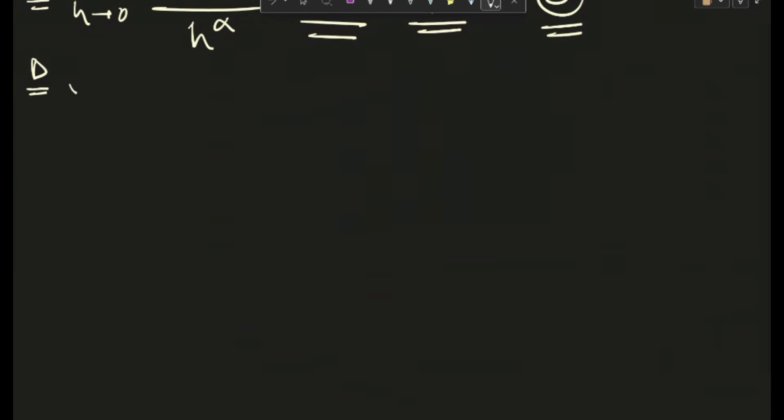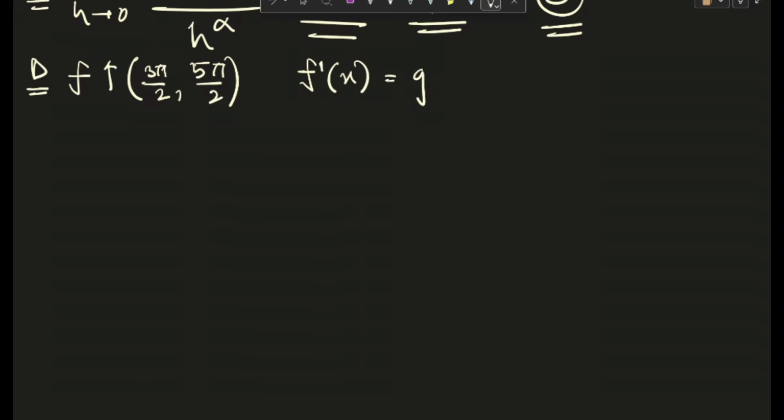So option number D basically said that we have to prove f is an increasing function between 3 pi by 2 to 5 pi by 2, which is pretty simple. What we can do is go back to the trigonometric manipulation we did and find f dash x, which was equal to g of x, that we found as cosine x by 1 plus sine square x.